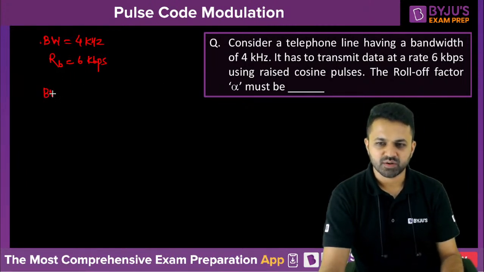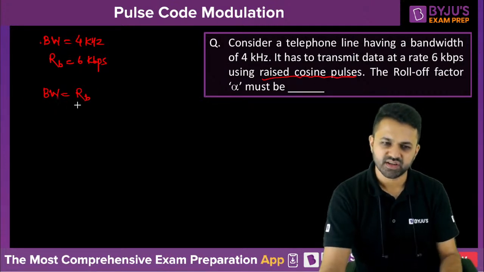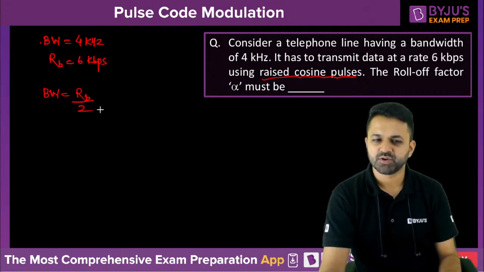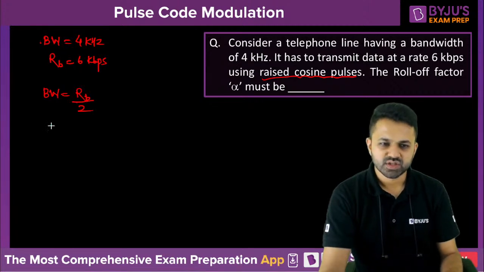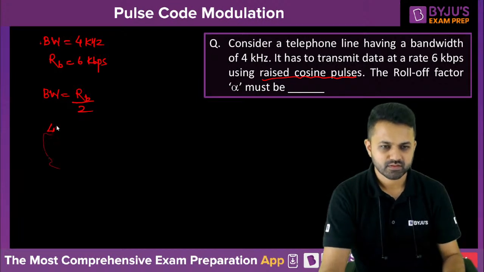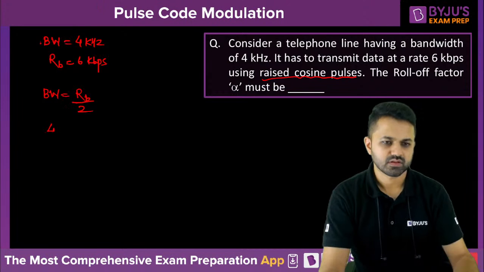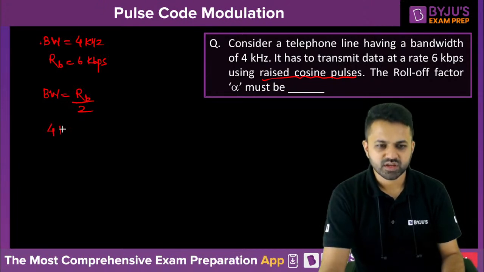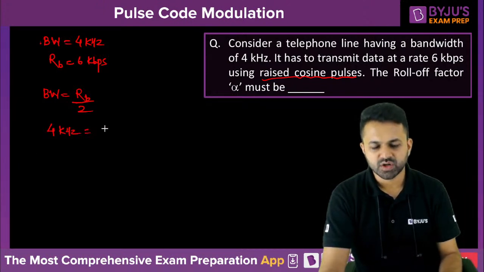When we talk about the roll-off factor and only the bandwidth is given, and the raised cosine pulse is given, then the bandwidth is given by RB by 2 for the PCM. So this is 4 kilohertz, equal to RB by 2 times 1 plus alpha, because it is talking about the raised cosine.